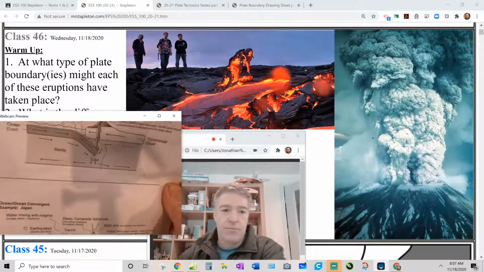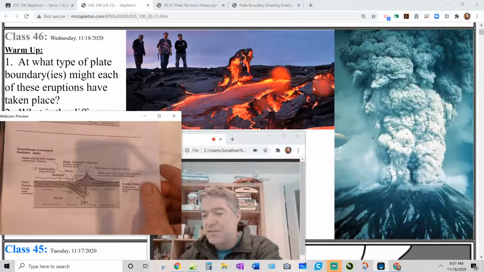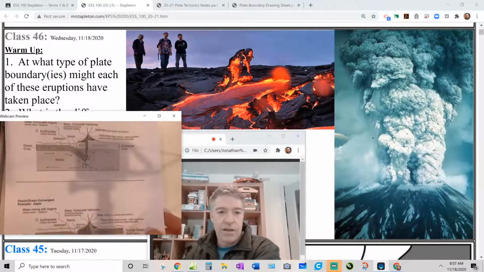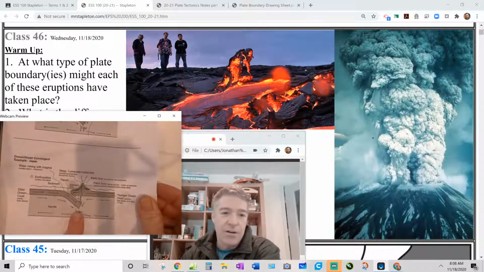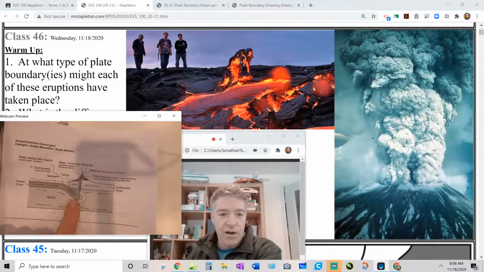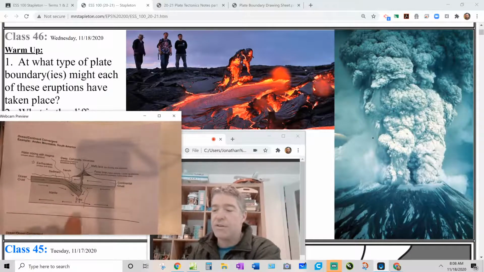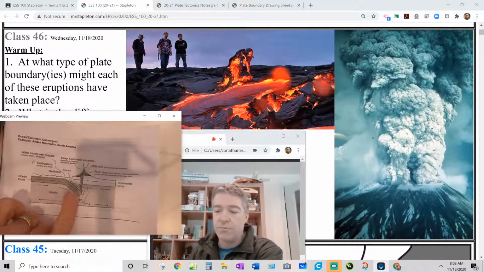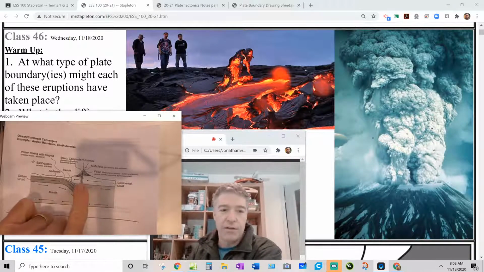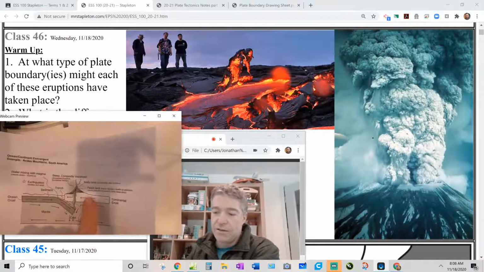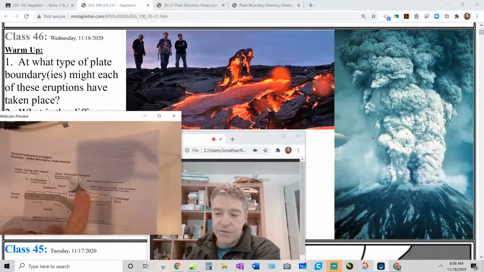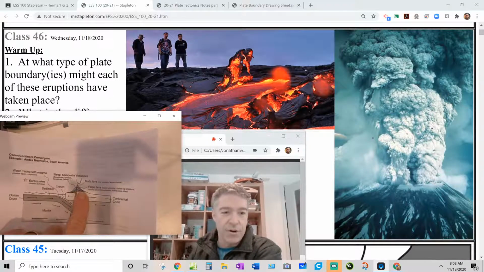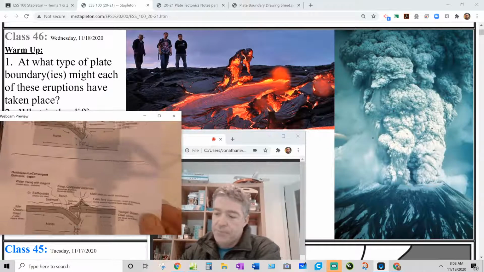And now, if I go down to this picture, this is exactly the same as this, except for one thing. Everything is the same in here as it is in there. We've got all the same features. The only difference is here we have an ocean plate going under a continental plate. Like this is like South America, and this is like the Pacific Ocean, and this is like the Andes Mountains with all the llamas and the alpacas running around on it.